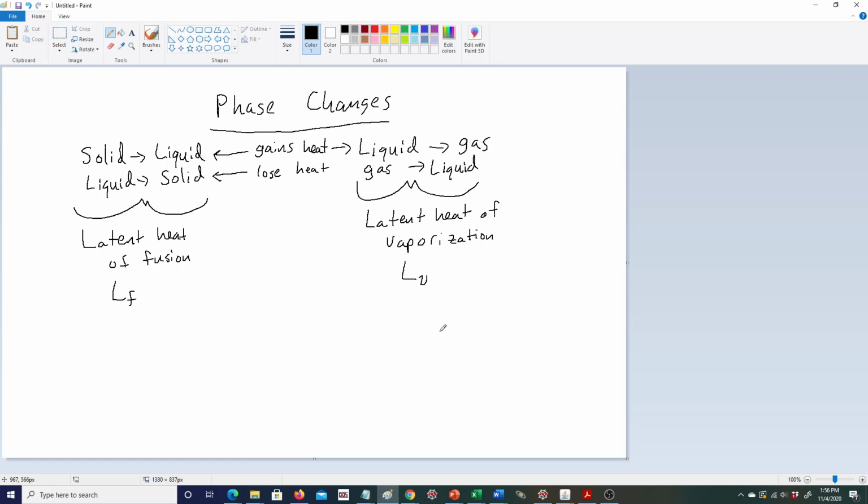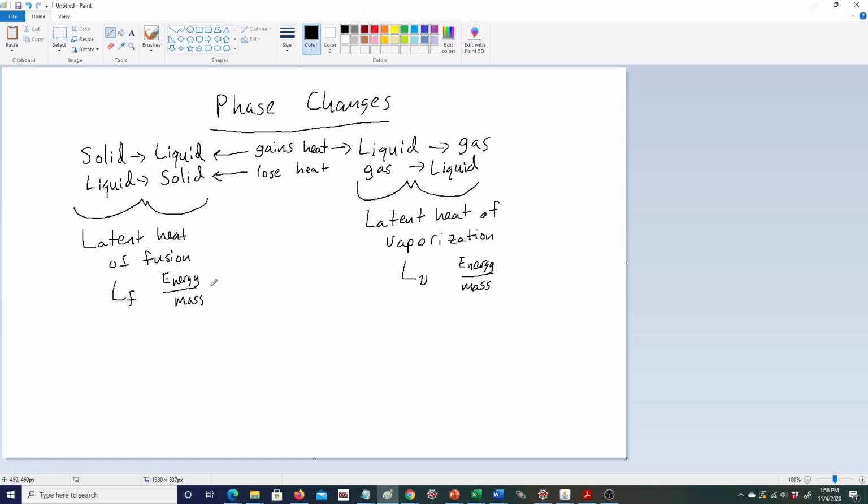Now, the units on your latent heat of vaporization and your latent heat of fusion are going to be energy per unit mass. So these have the same units, energy per unit mass.